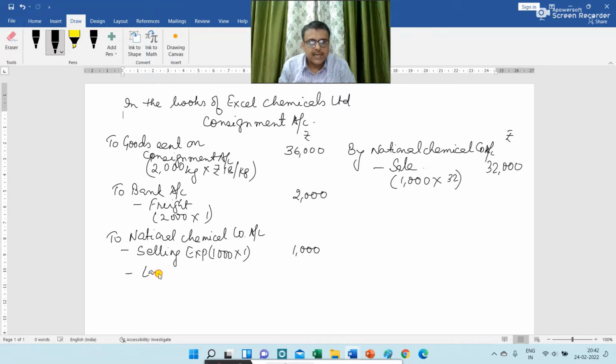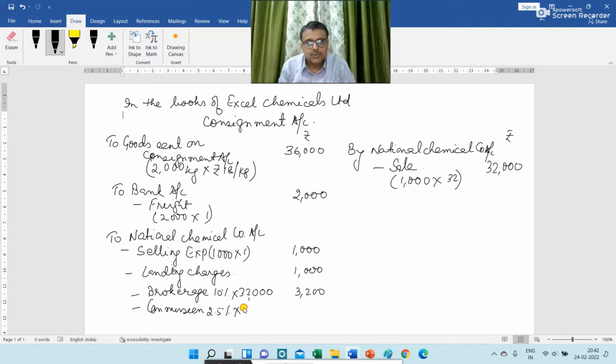Next is landing charges, given rupees 1000. Then brokerage charge. Brokerage is 10% of sale proceed. So 10% of 32,000 is 3,200, and commission is 2.5% of sale proceeds. So 2.5% into 32,000 comes to 800 rupees.